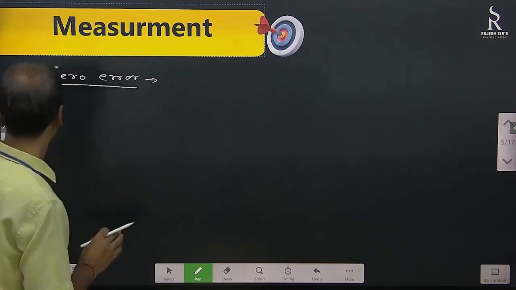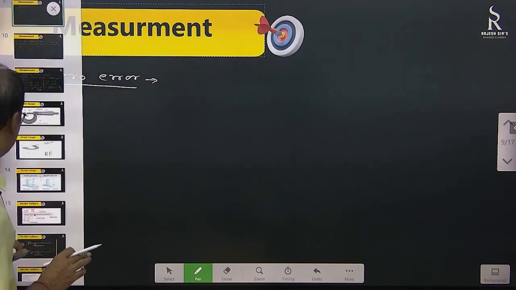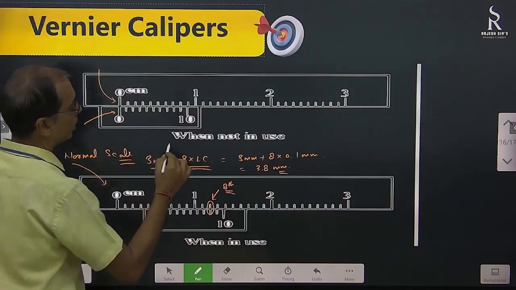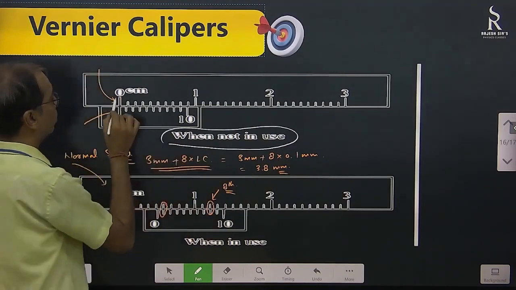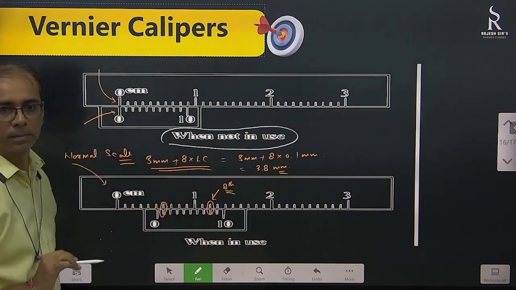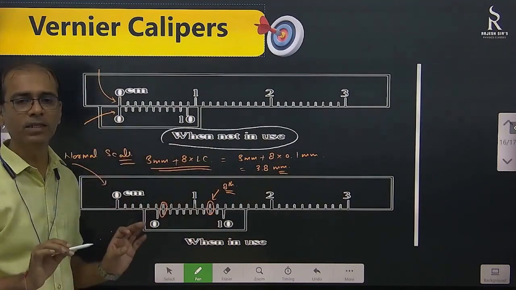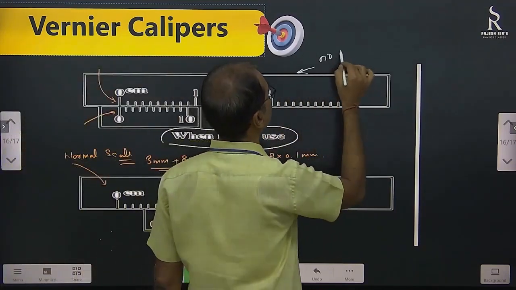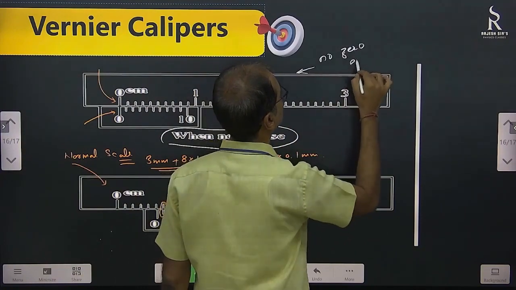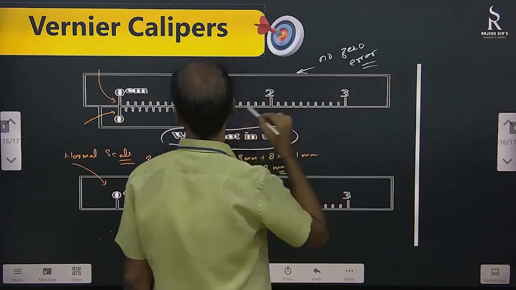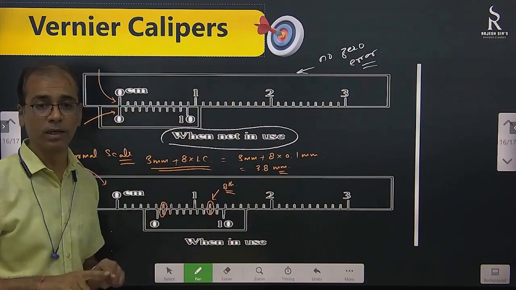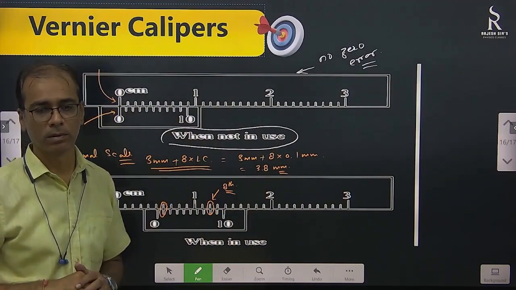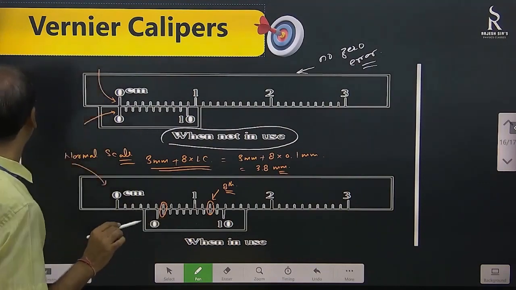When not in use, the zero of both scales should coincide. It's a must. That means no zero error. But if the zero of both scales is not coinciding when not in use, that means there is zero error.